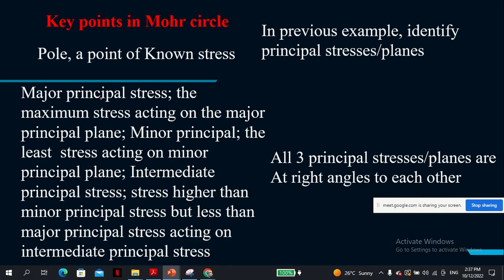Now, major principal stress is the maximum stress acting on the major principal plane. So two things. I think the simplest I can put it is this way. This is the major principal plane.